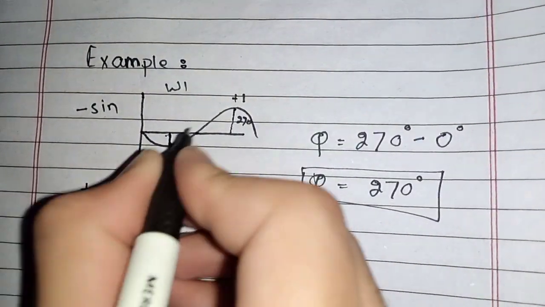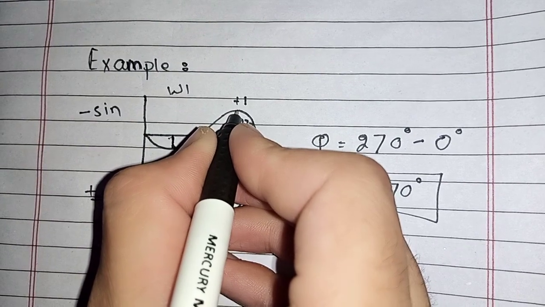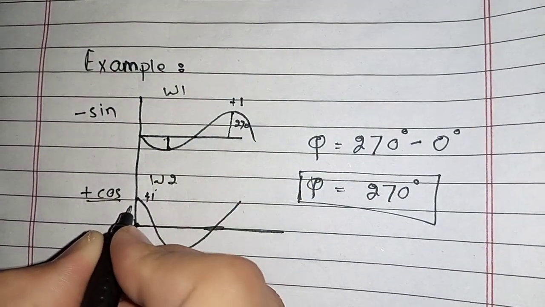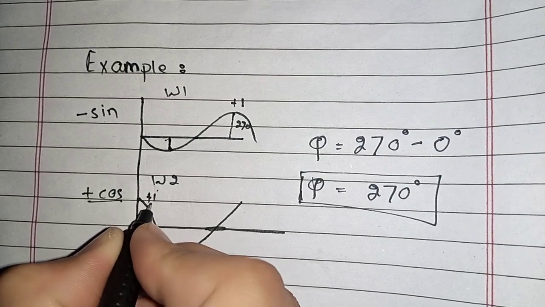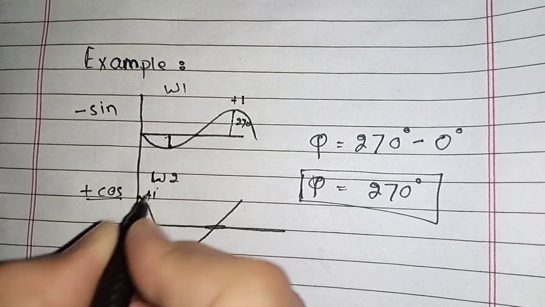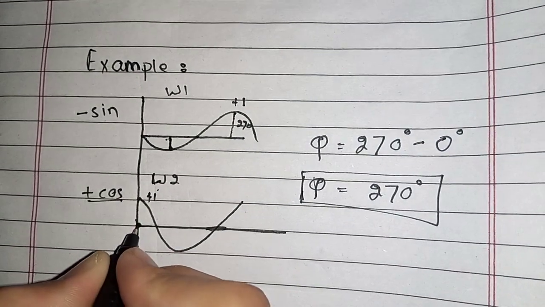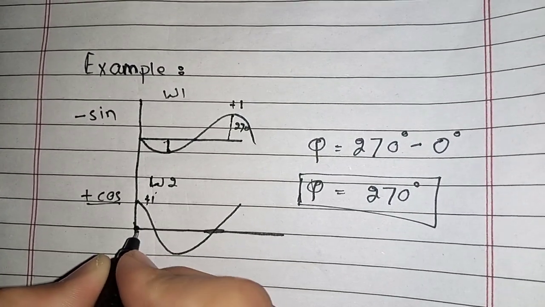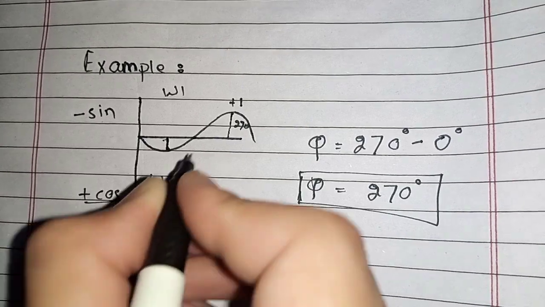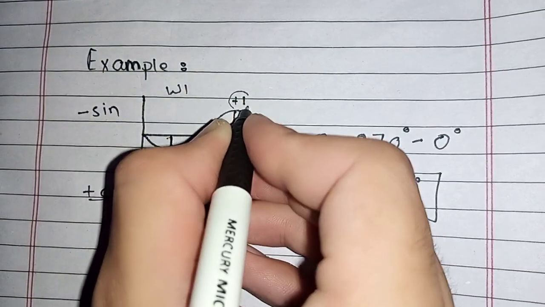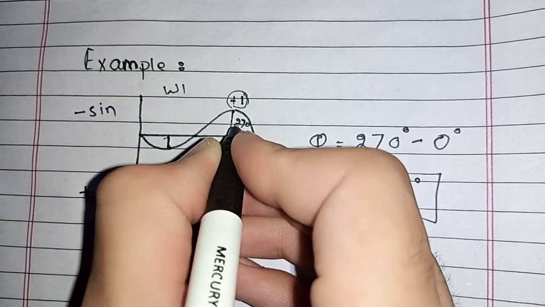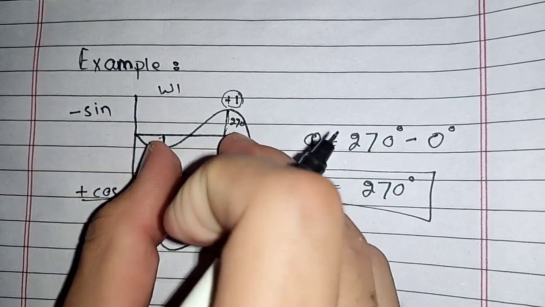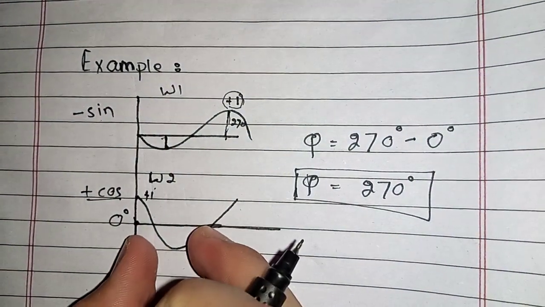Now the value of +1 is totally delayed in comparison to the value of +1 taken by wave 2 at 0 degrees. At 0 degrees the cos wave has taken the value of +1, and the same value is taken by wave 1 at an angle of 270 degrees. So clearly this is a delayed signal and this is an advanced signal.